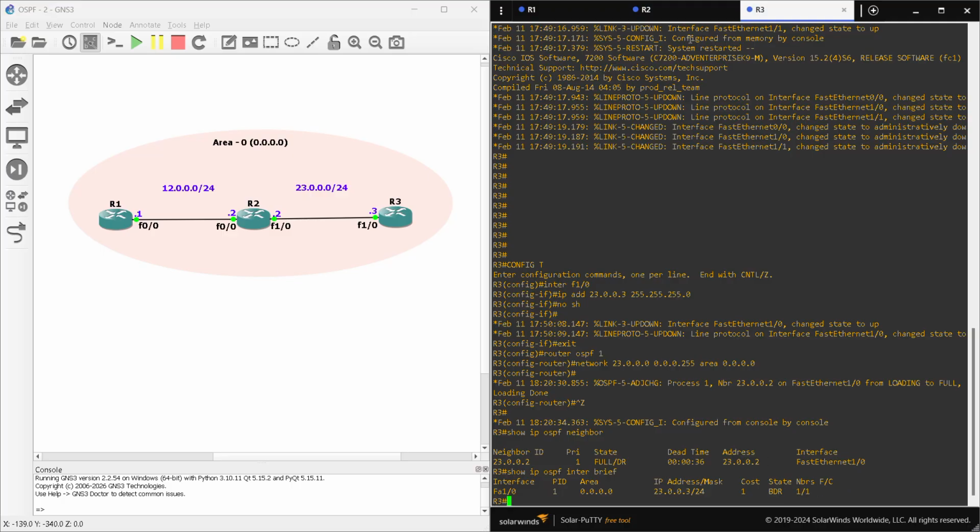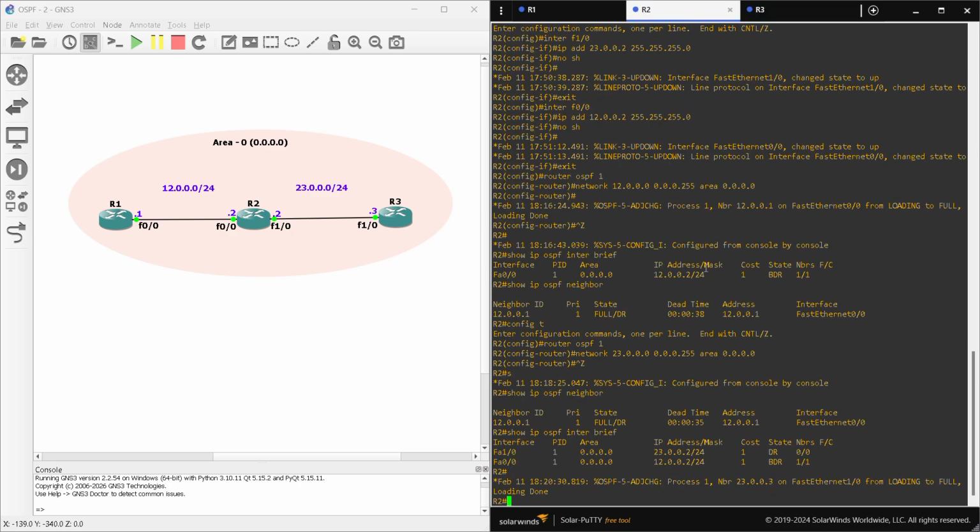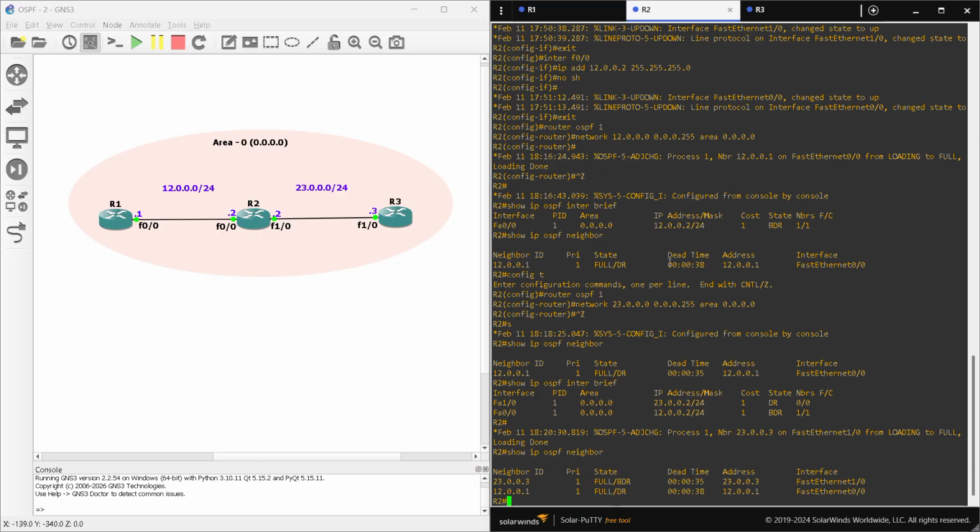Now let's go and check in R2. Let's check the neighbors now. Show ip ospf neighbor. It has two neighbors right now. First is R1 and second is R3. This is our R1, with this ID and this IP address, operating on this interface.